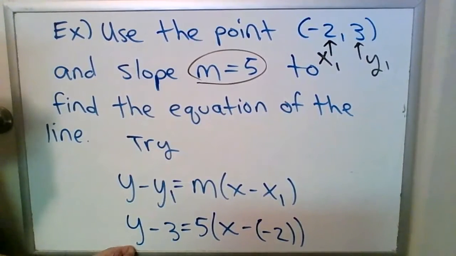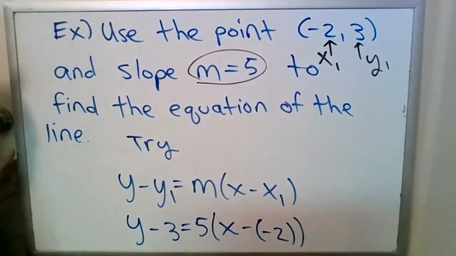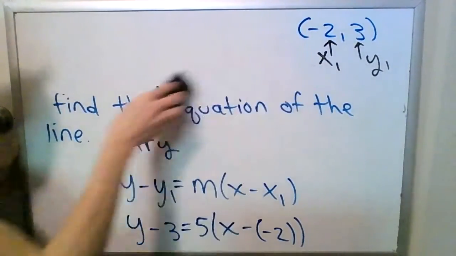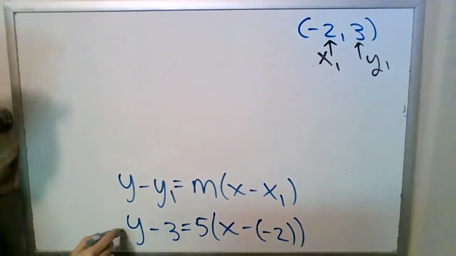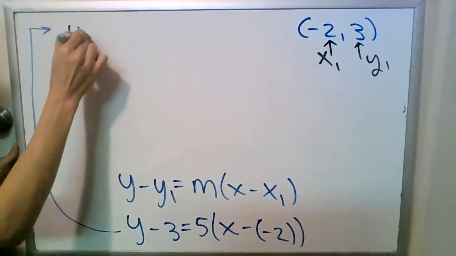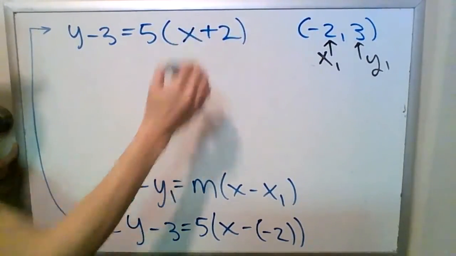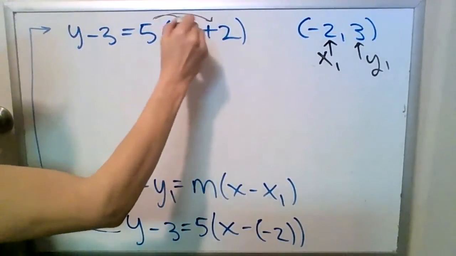And we're going to solve for y. So let's distribute. Well, first we're going to put this here as x plus 2 and then distribute the 5. Five times x and 5 times 2.